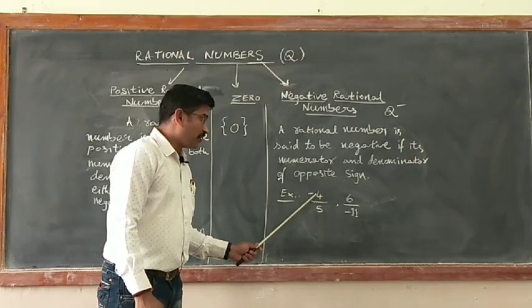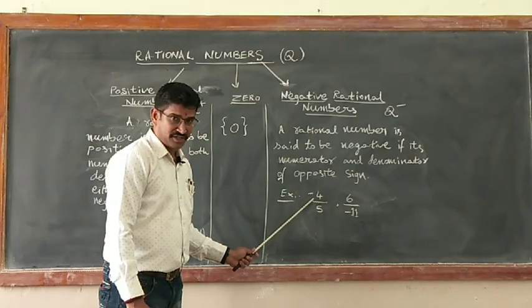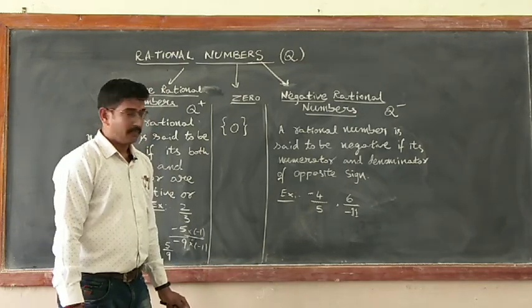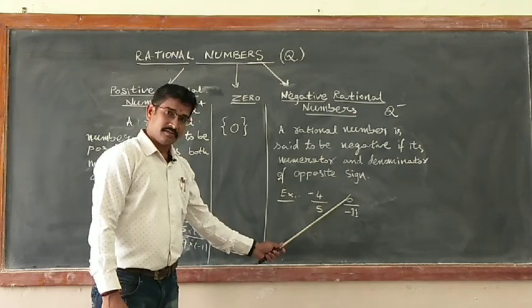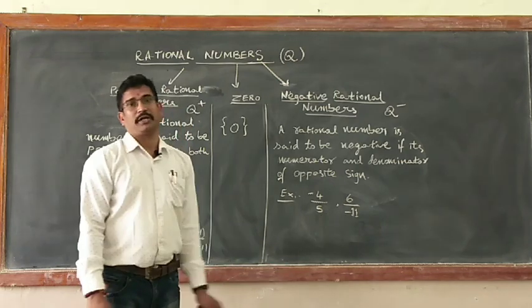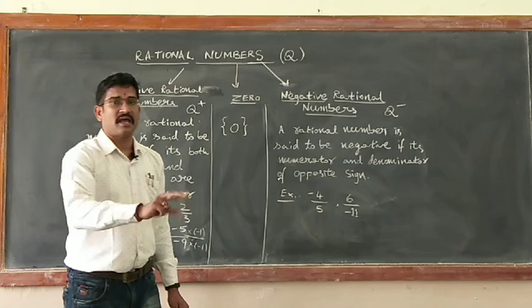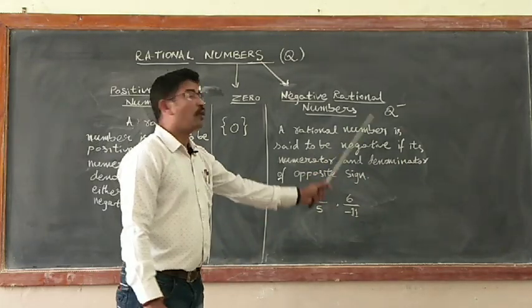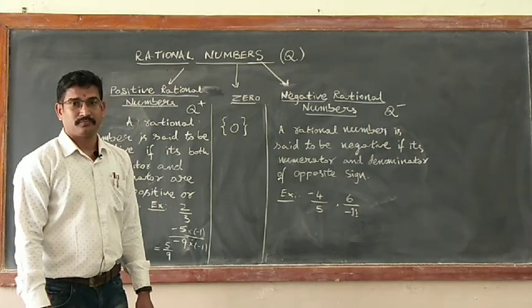That is, if the numerator is negative, then the denominator is positive, or if the numerator is positive, then the denominator will be negative. That means they have opposite signs. Then that rational number is called a negative rational number.